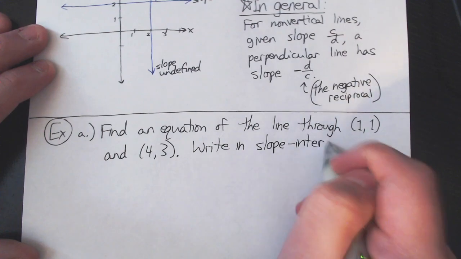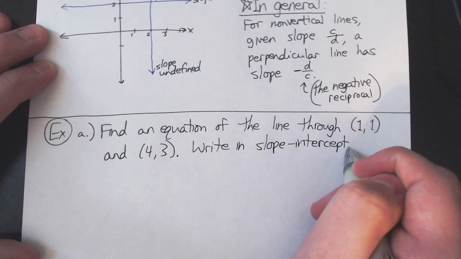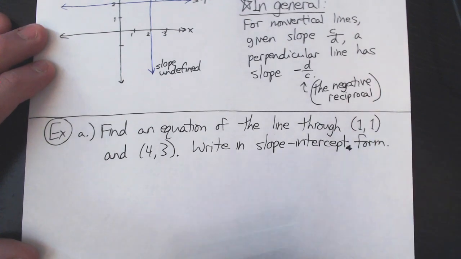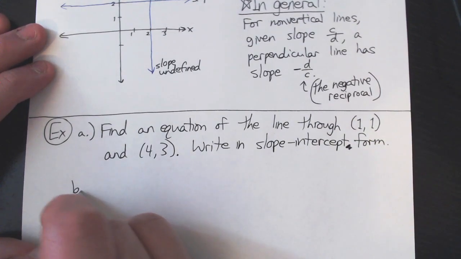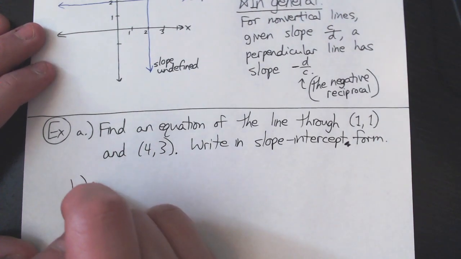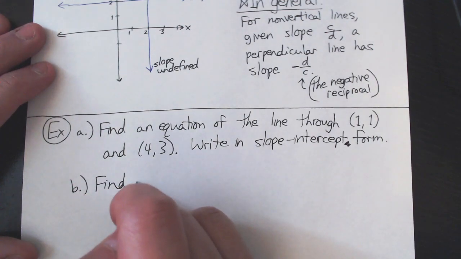There's also going to be a second part, slope-intercept form. By the way, part A is really a question that I could have asked you in the previous section. Part B is going to be the new part.